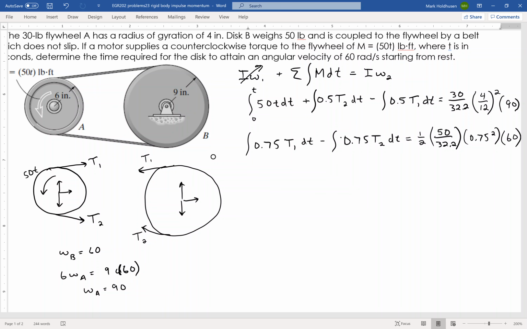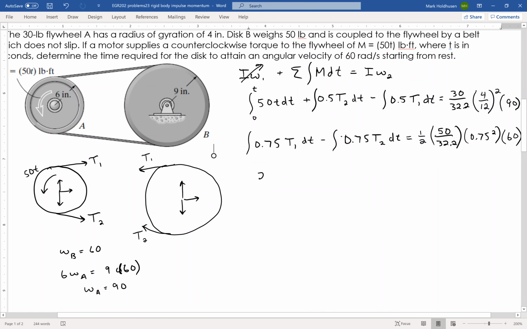Now, what I can do here is rearrange each equation and clean them up a little bit. In that top equation, I can do the integral of the 50t, and I'm just going to go down to 25t squared. That's the integral of 50t. Then I'm going to lump together the T2 and the T1, so I'm going to have the radius of 0.5 times the integral of T2 minus T1 dt.